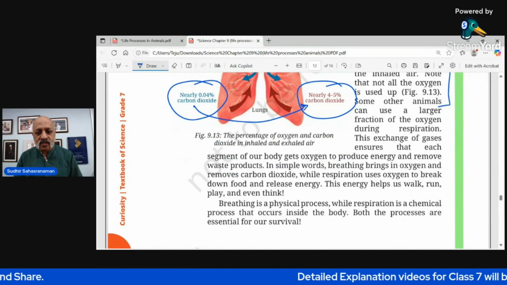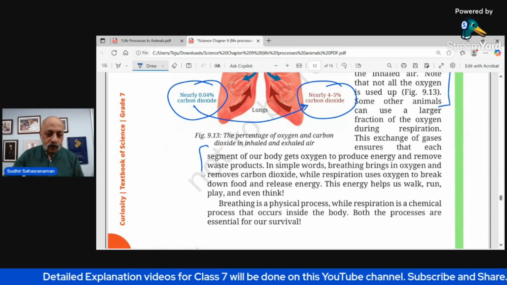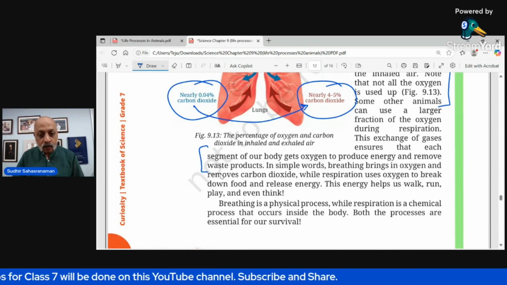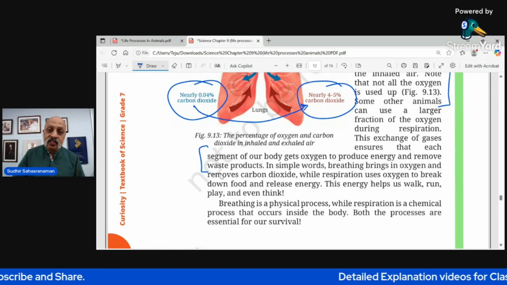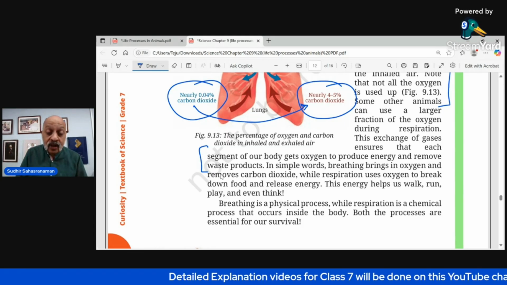This exchange of gases ensures that each segment of our body gets oxygen to produce energy and remove waste products. In simple words, breathing brings in oxygen and removes carbon dioxide, while respiration uses oxygen to break down food and release energy. This energy helps us walk, talk, run, play, think, every activity, right?